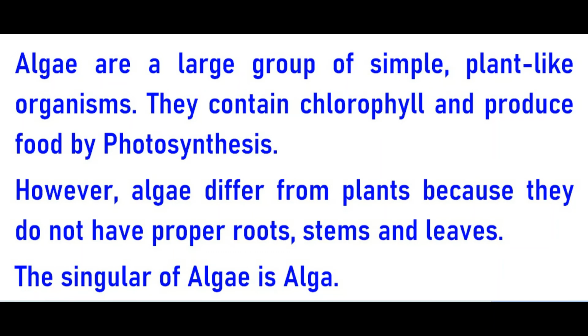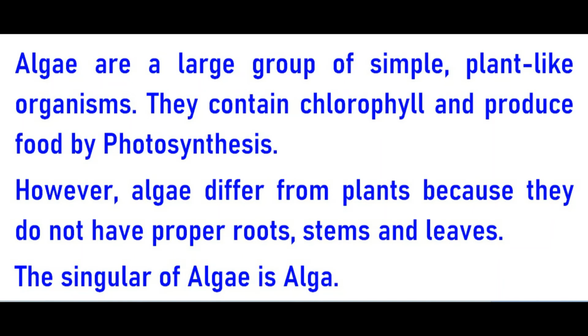Now, what are algae? Algae are a large group of simple plant-like, not fully plant-like, organisms. They also contain chlorophyll. That's why they are plant-like. And they produce food by photosynthesis.